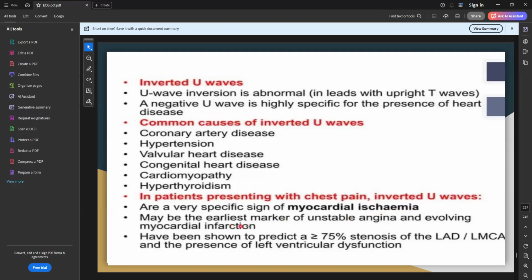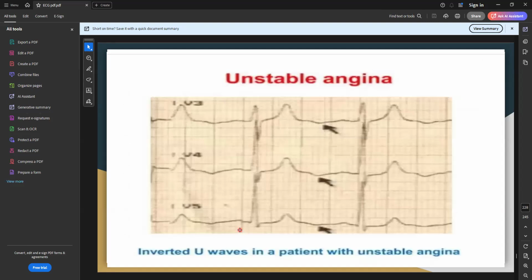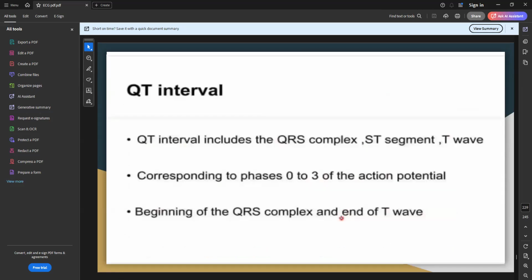It may be the earliest marker of unstable angina, and at the same time of evolving myocardial infarction. So this is the ECG showing unstable angina. You can see the U wave depression, that is inverted U wave.